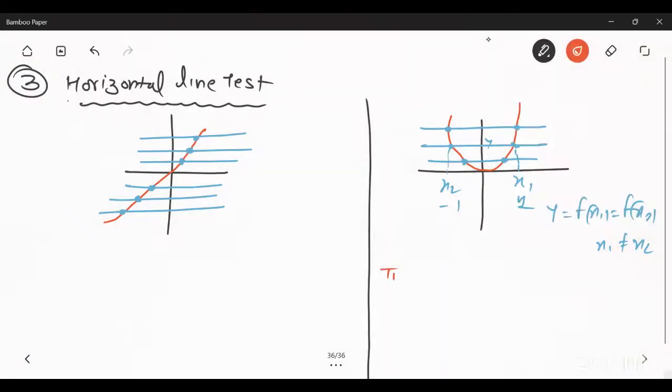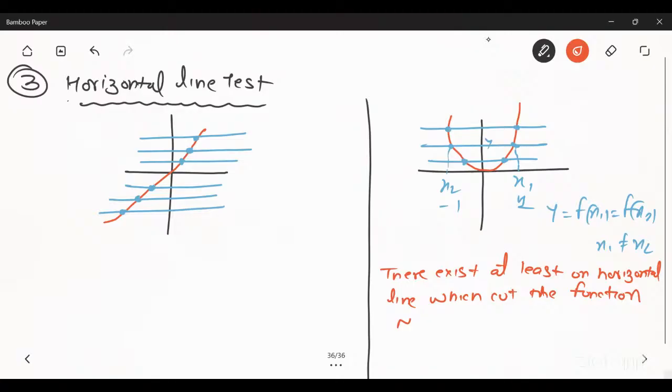So there exists at least one horizontal line which cuts the function at more than 1 point. Then we say the function is many-one.